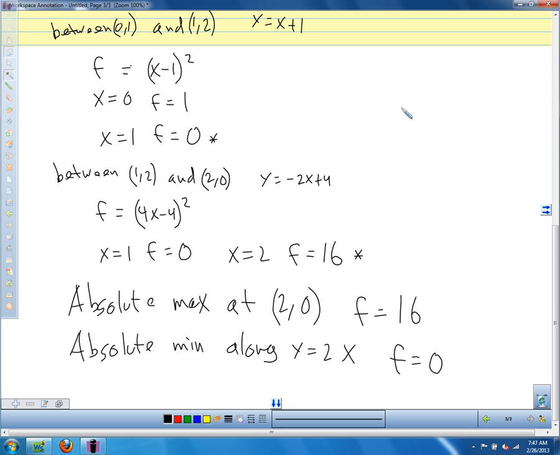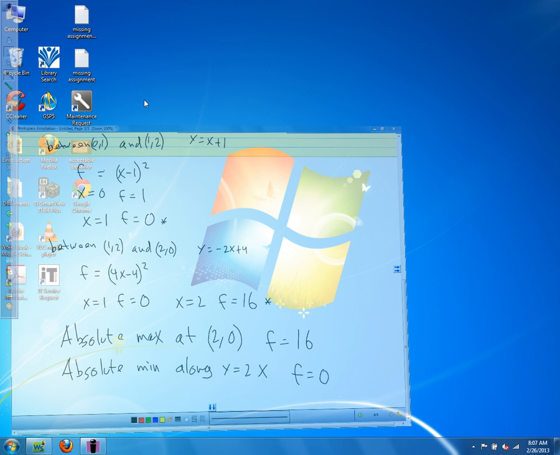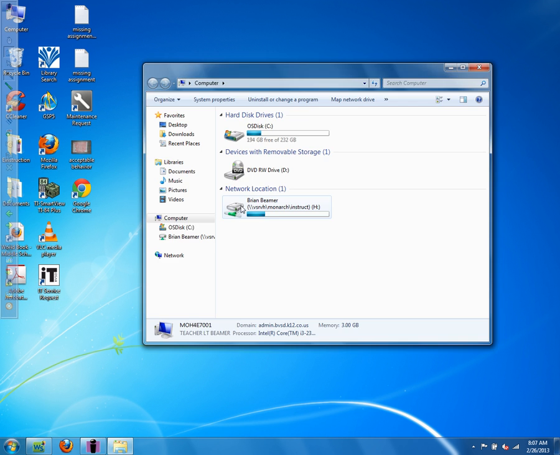So let's take a look at what this function looks like on that region. So I have a graph of that. I should have brought it up earlier. I forgot.